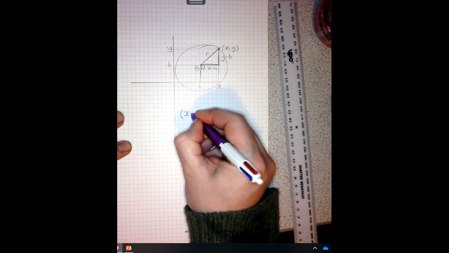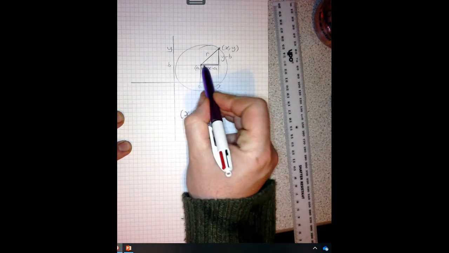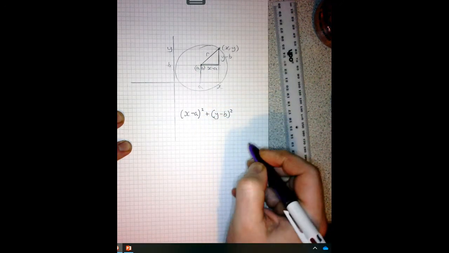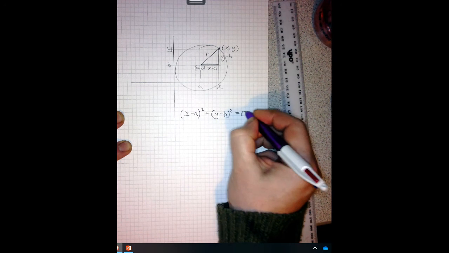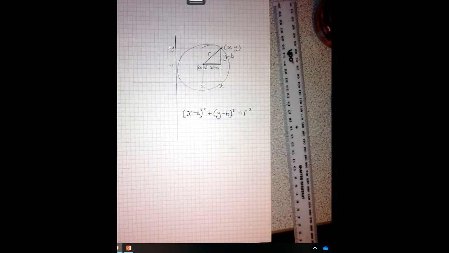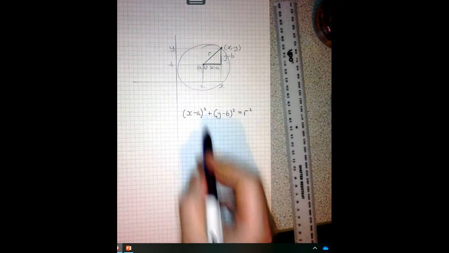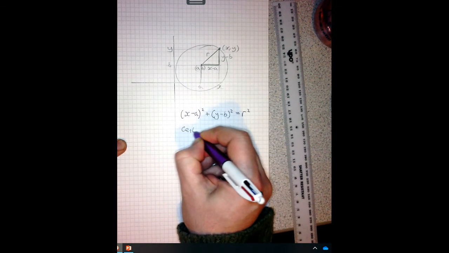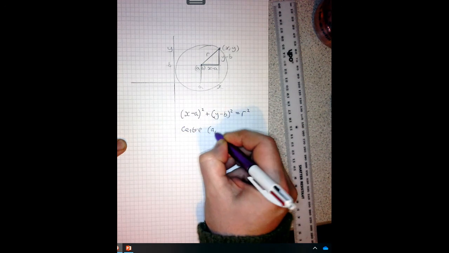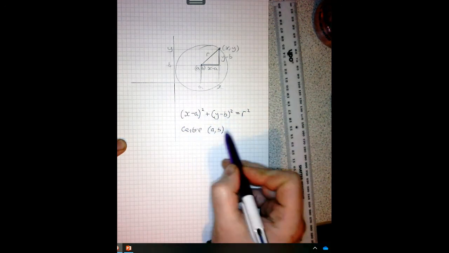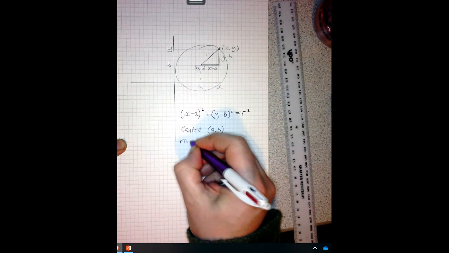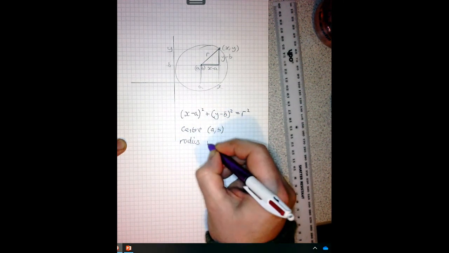So this equation defines a circle that has a centre A, B, note the sign change, and it has a radius of R, or as pirates say, R. I know, but you know, that's why we're here. Okay, probably worth making a note of that, I'd say.